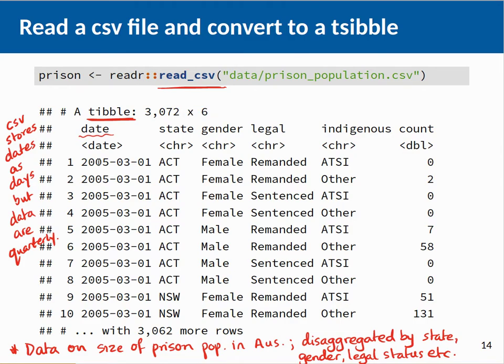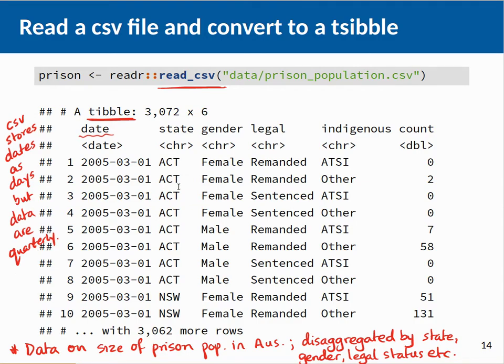And when we look at the dates here, right, this seems like, well, the date isn't changing, right? But you can always do head and tail on prison to see what the data set looks like. This data set has dates that are days, but the data itself is quarterly.